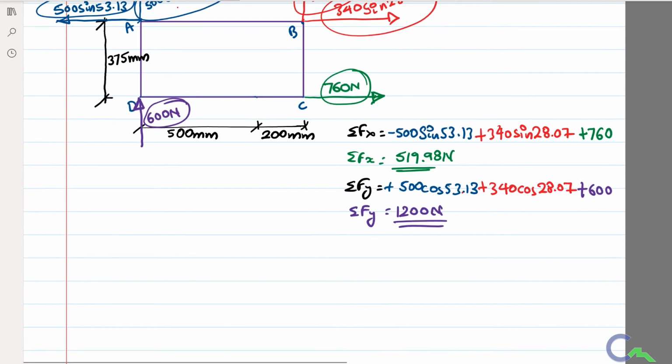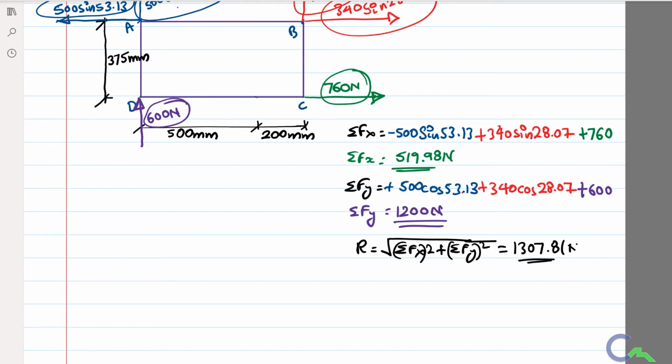Once I get sigma Fx and sigma Fy, I can calculate the resultant, that is R equal to the square root of sigma Fx squared plus sigma Fy squared. If I do the calculation, I will get 1307.81 Newton.